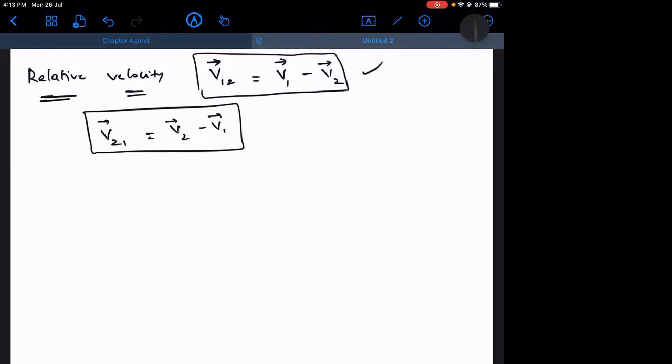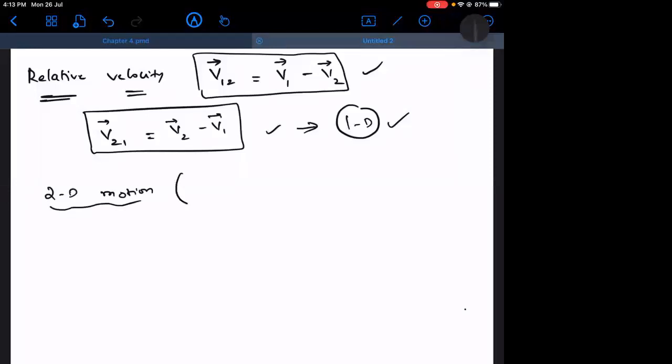If this is the scenario, then this we have already applied for one-dimensional motion. Now the question is, how are we going to apply the same thing for two-dimensional motion? The answer is very simple.